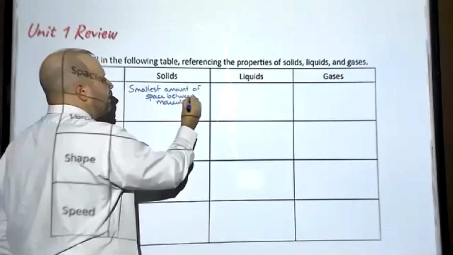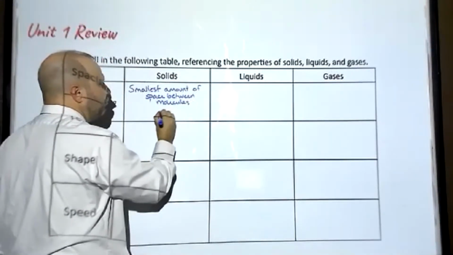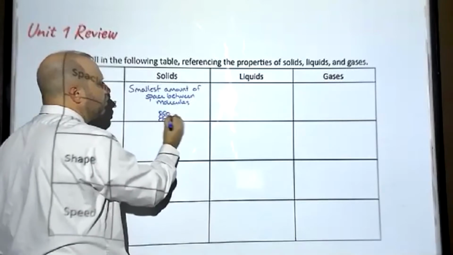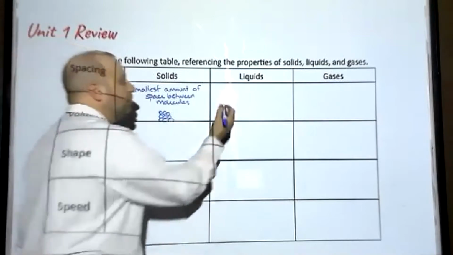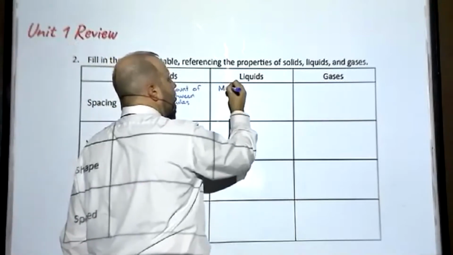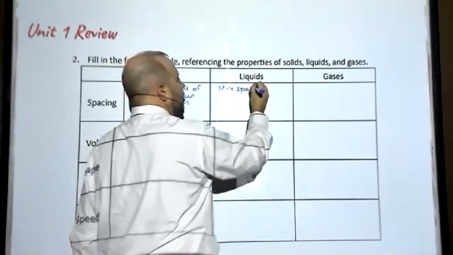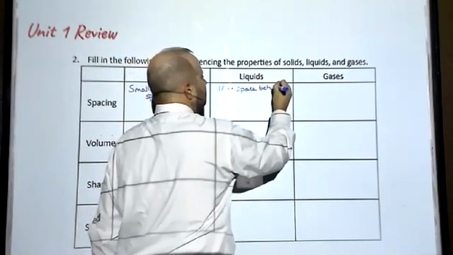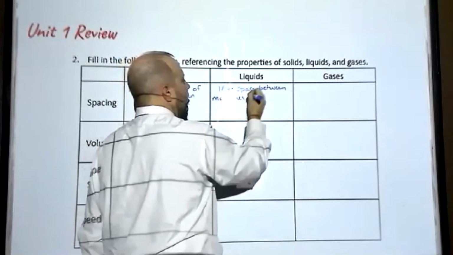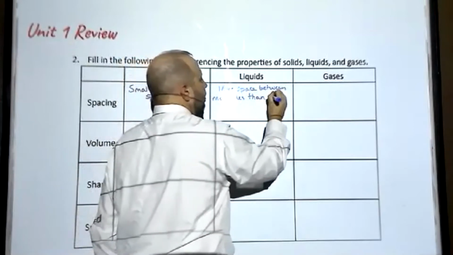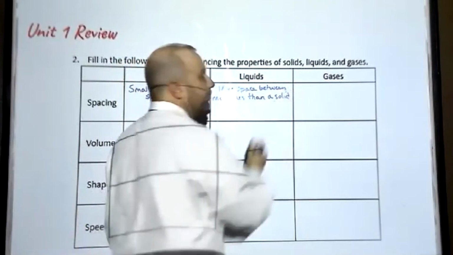If I were to draw a picture of it, I would show the molecules very close to each other. For a liquid, we have more space between molecules, more space than a solid.